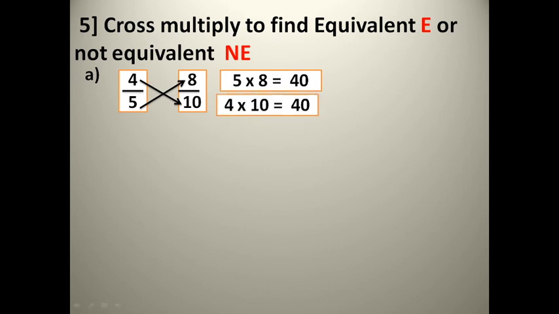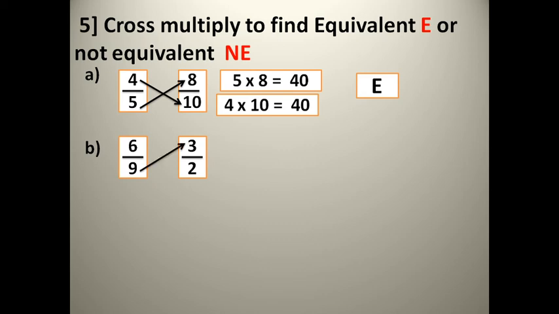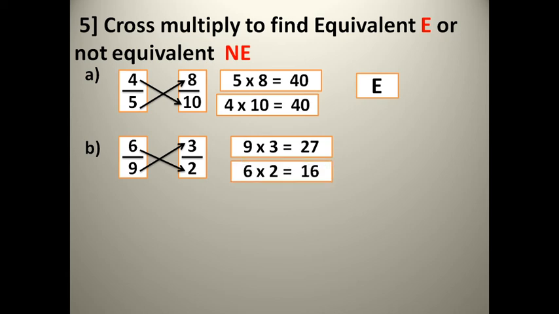So if the products are the same, it means it is an equivalent fraction. So I write E. Now here, also I make cross multiplication. First I will multiply 9 by 3, it is 27. Now 6 by 2, it is 12.